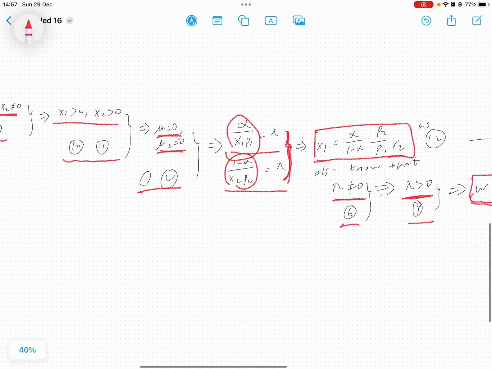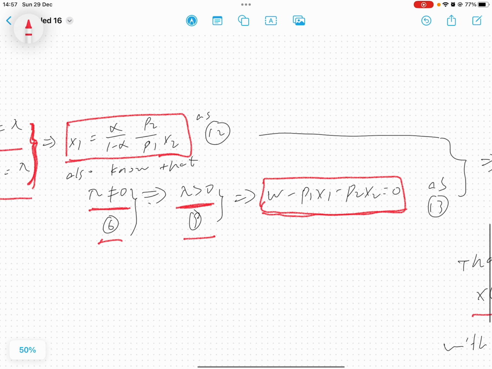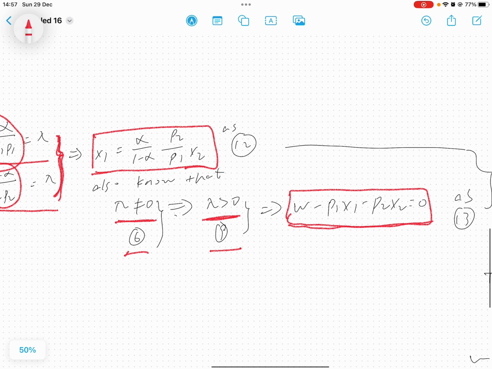And we can see from here that what we are using is the relationship between x1 and x2. So this could be obtained from the first order conditions. And this one will be simply from the binding version of the budget constraint, right? So the other two constraints, that x1 and x2 are greater than or equal to 0, those are not binding.